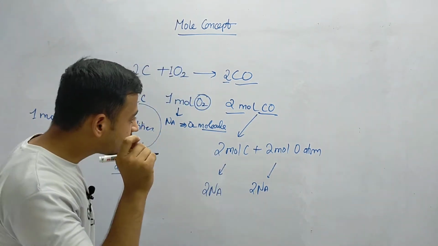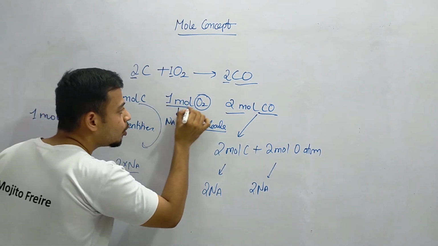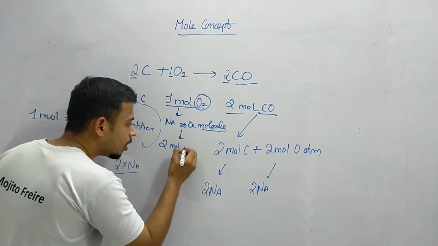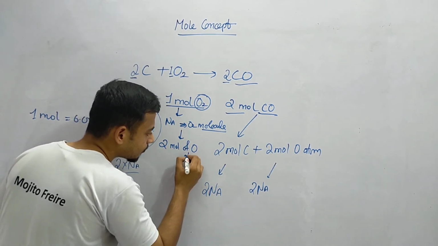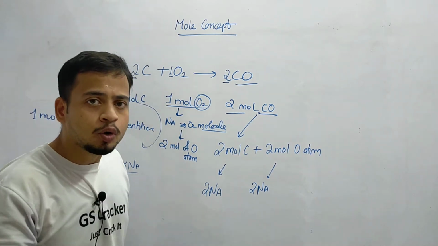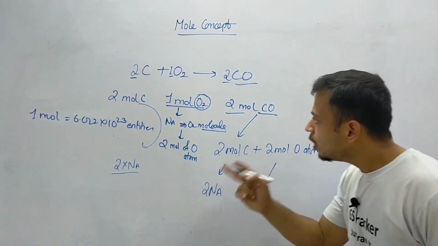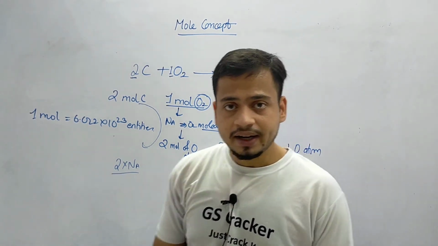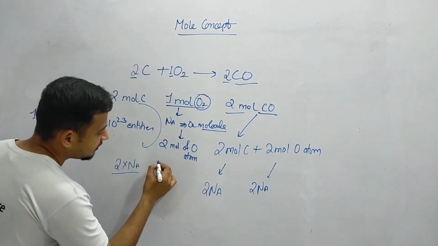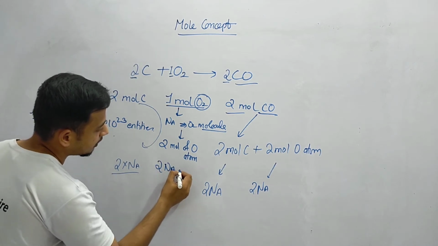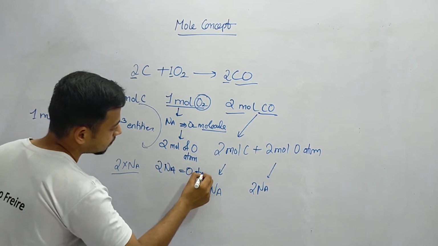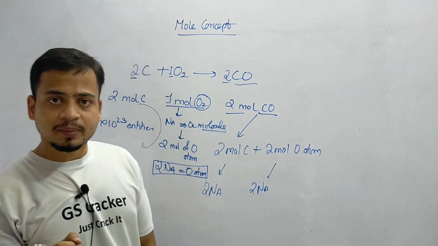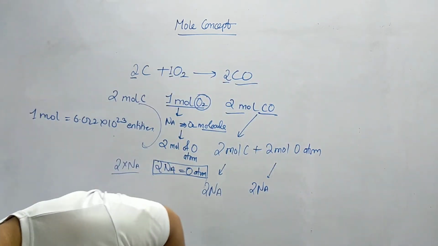So if there is 1 mole of oxygen molecules, then there are 2 mole of oxygen atoms, because 1 molecule contains 2 oxygen atoms. So I can write this as 2 Na oxygen atoms. I hope you are getting this, how we use the mole concept. So let me move further.